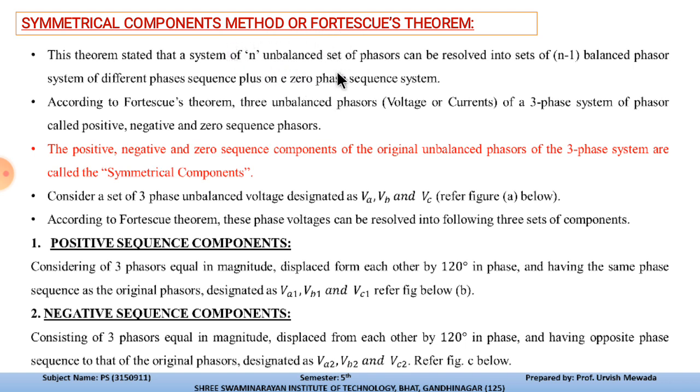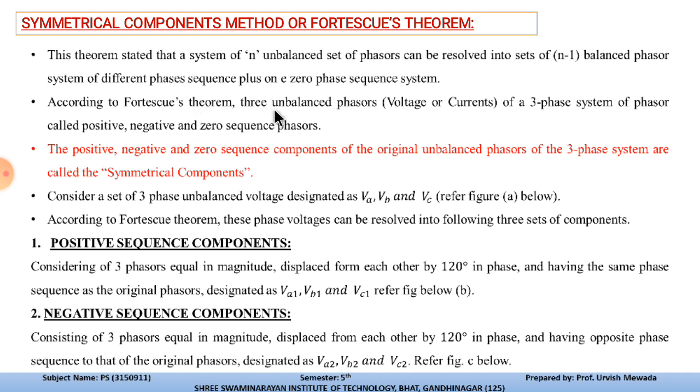An unbalanced set of n phasors can be resolved into n minus 1 balanced phasor systems of different phase sequences, plus 1 zero phase sequence system.